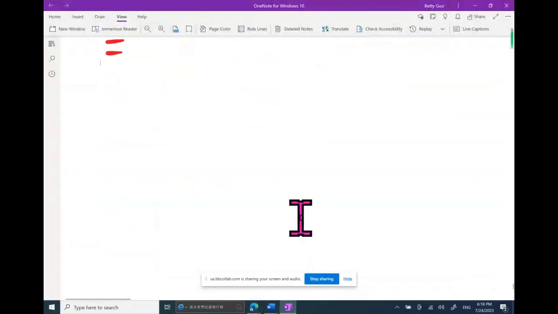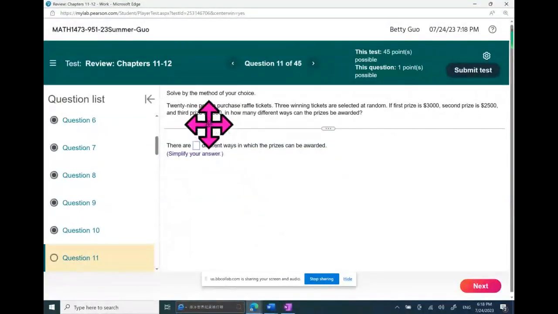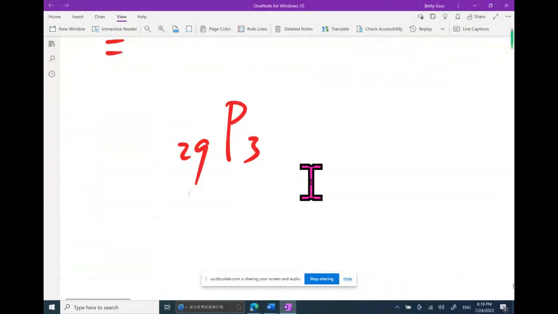So this is P(29,3). 29 people purchase tickets, 3 prizes. In how many ways can the prizes be awarded? So P(29,3). Okay, so we enter 29 first. Math, probability, nPr, 3.